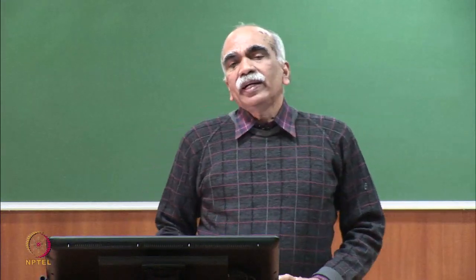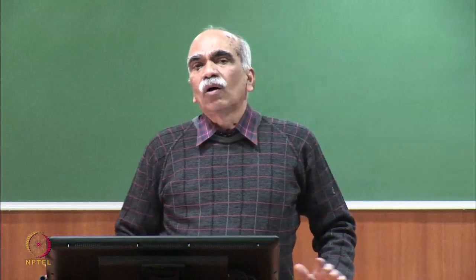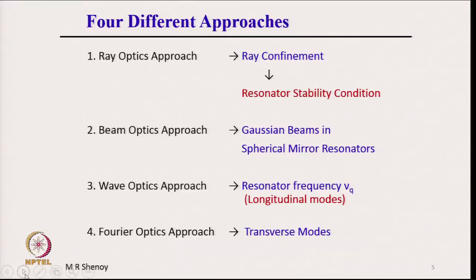There are four different approaches which are used in the analysis of optical resonators. The first one is based on ray optics, where rays resonate or build up if the rays are confined to the resonator, or the resonance is characterized in terms of confinement of rays.